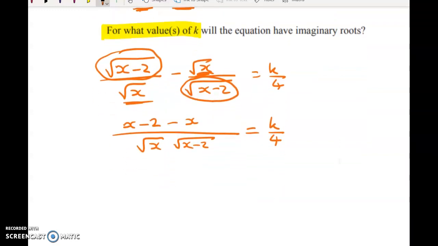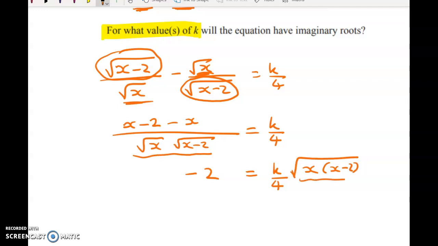That gives us very easily negative 2 is equal to k over 4 times root x times root x minus 2. I'm multiplying both sides by this, and then putting them under one root sign, because remember root a times root b is the same as root ab.